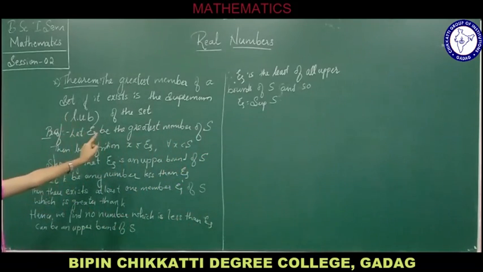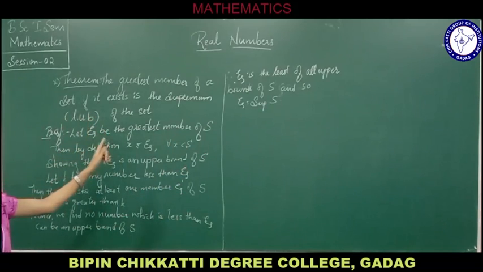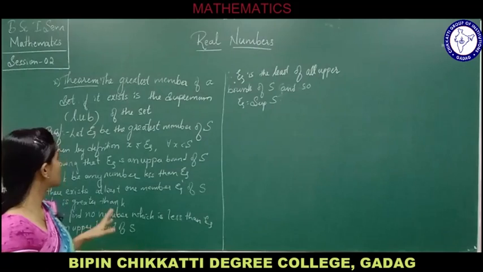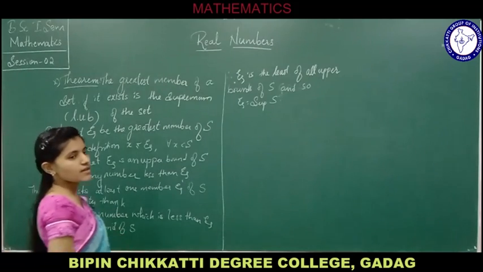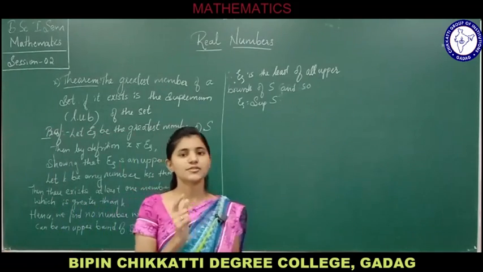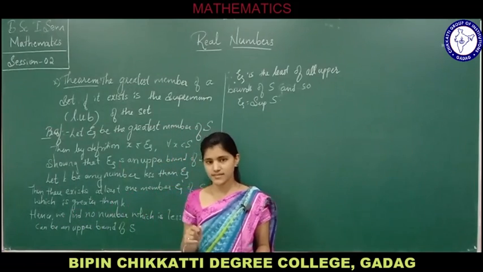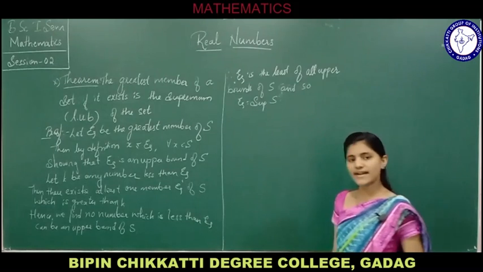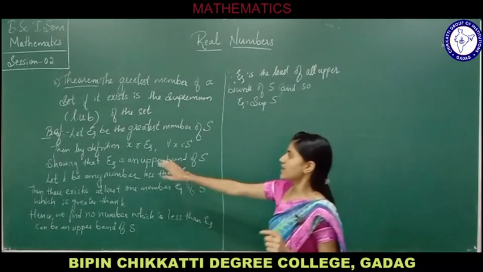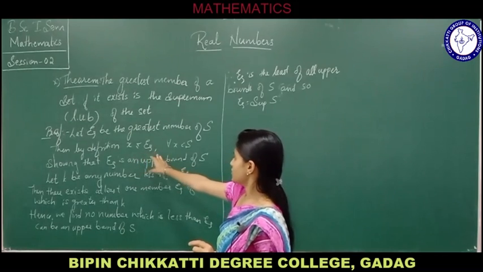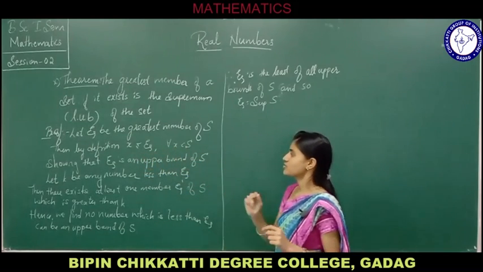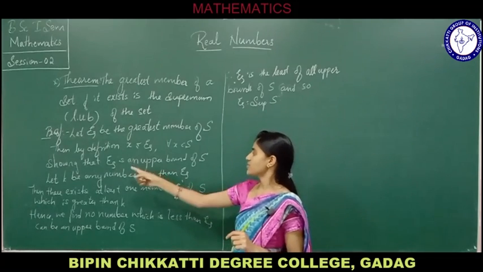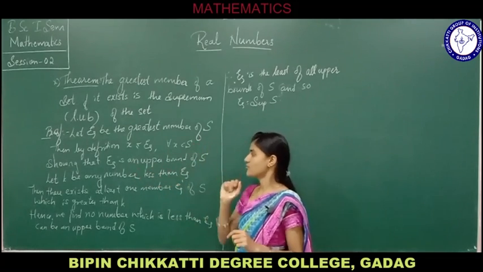They had said that the greatest member, if it exists, is going to be the supremum, that is the least upper bound of that set. For that, we considered epsilon to be the greatest member of S. Then by definition x is less than or equal to epsilon for all x belonging to S. It shows that epsilon is an upper bound of S.